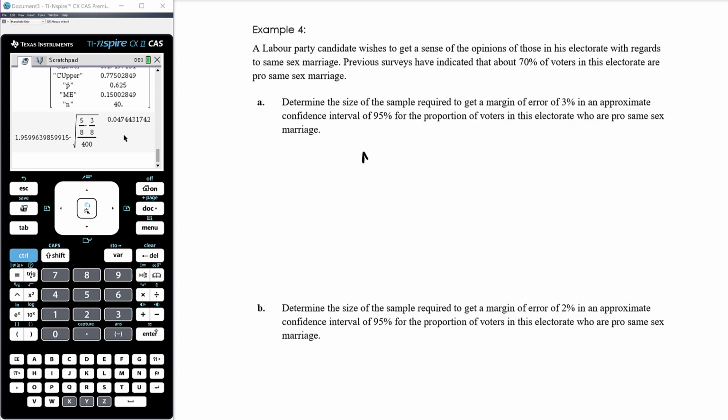Okay, so we know that margin of error for a 95% confidence interval is 1.96 times the square root of p hat times 1 minus p hat over n. We know the margin of error is 3%. The confidence interval of 95% is what's defined this number. And we've got p.